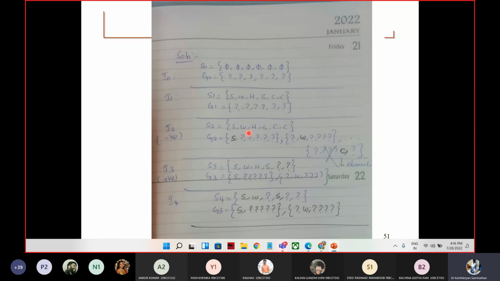Then the third one: sunny, warm, high, strong, warm, and same. I am comparing sunny versus sunny, same. Again, warm versus warm, same. High versus high, same.